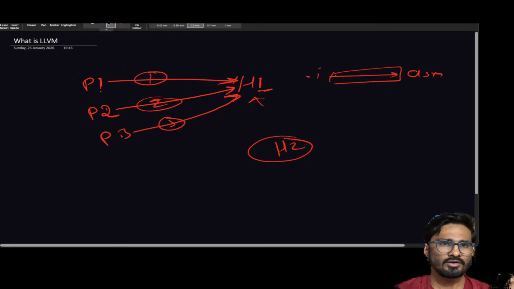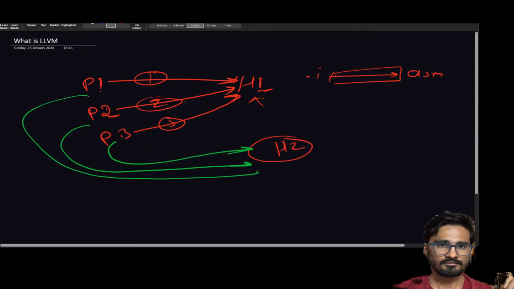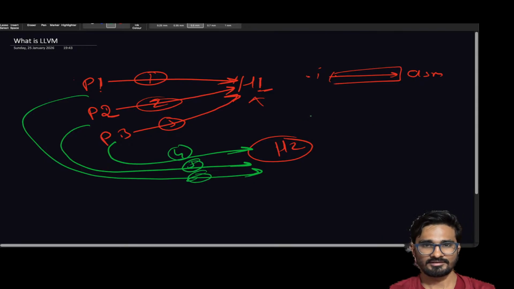This H2 should also support these three programming languages. So again, what do we have to write? We have to write the front end for all these three. So in total, how many compilers are we writing? Six. So three front ends, two back ends, then the number of compilers becomes six.